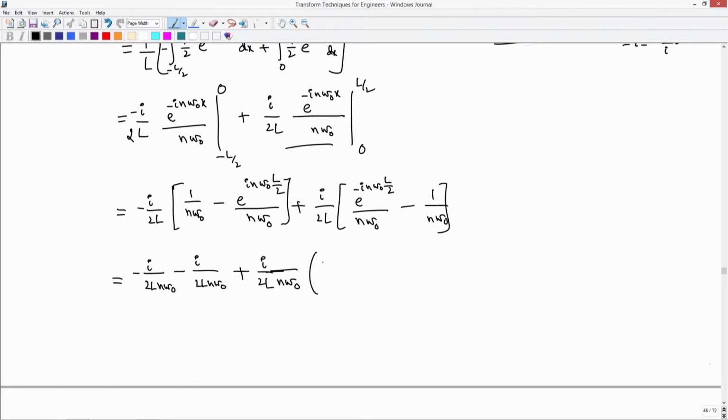So, that will give me 2 cos. So, 2 goes here, this is going to be cos n omega naught L by 2, that is the result.